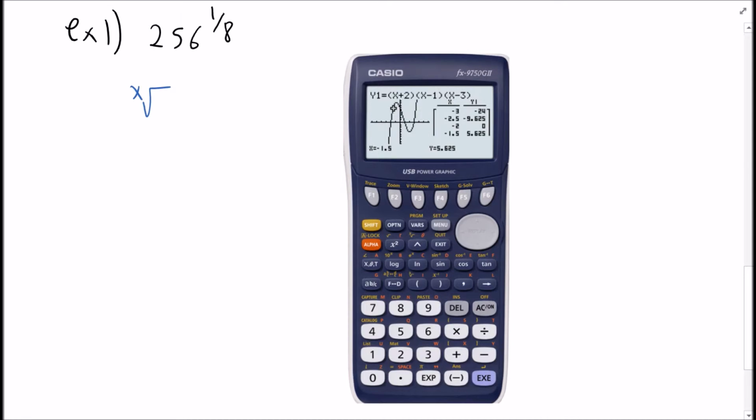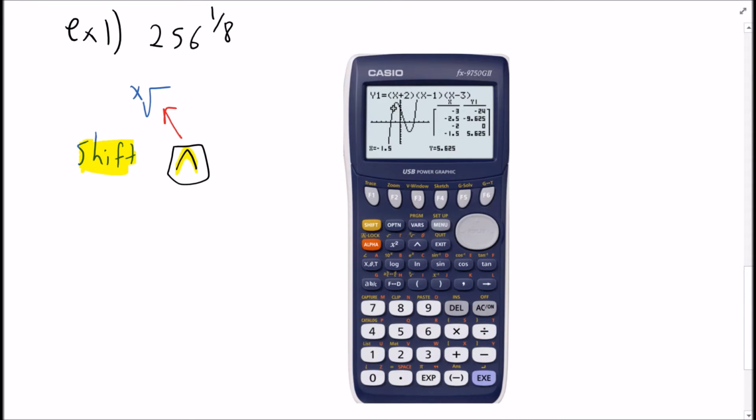And in order to get to that, I have to push shift. You'll see that shift's our yellow button, of course, and then push this key right here, because you'll see that this symbol right here is above it.